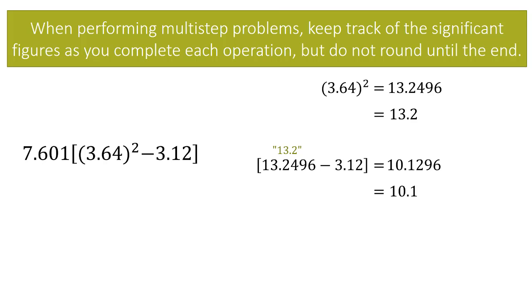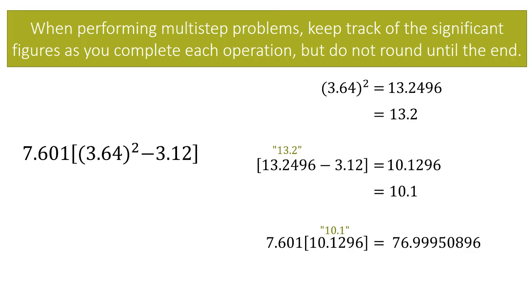Next, I'm going to take care of the multiplication. Once again, instead of using 10.1, I'm going to use the unrounded number in my calculation, but I'm going to have to mentally keep track that it's supposed to be 10.1. So I'm going to do this multiplication, and I get 76.9950896.